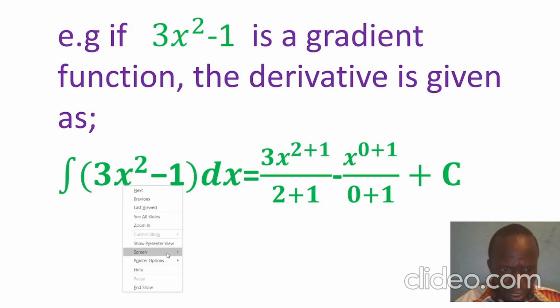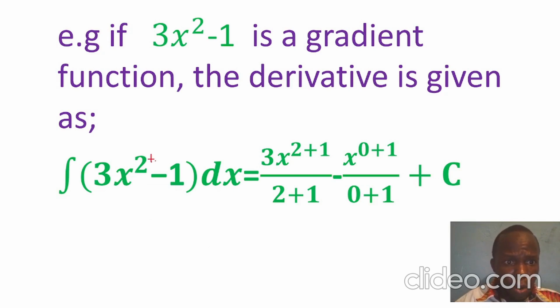Let me use a pen to showcase this. I just want to assume that you are a beginner. So we have to add 1 there, then we divide by 2 plus 1. And that is what you get, 3x to the power 2 plus 1 over 2 plus 1, minus, now this 1 is the same as 1 times x raised to power 0.